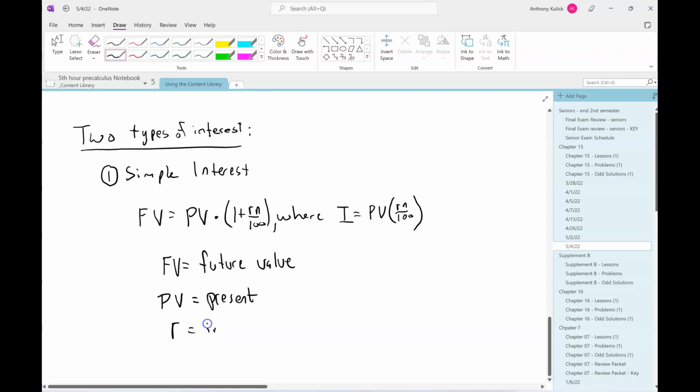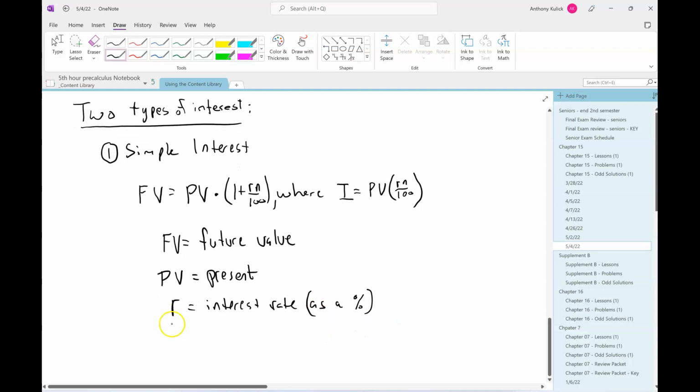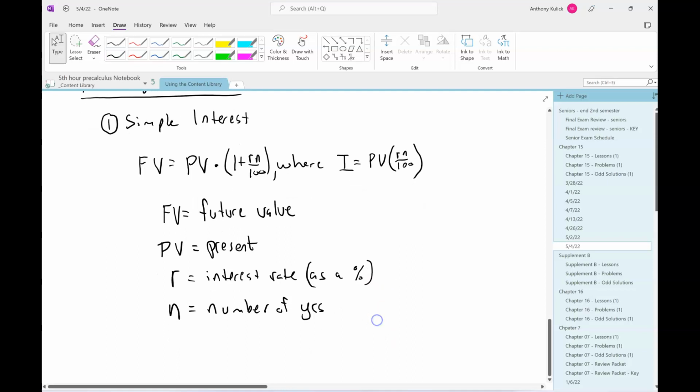R is your interest rate as a percentage. N is just the number of years. And capital I is going to be the interest earned.